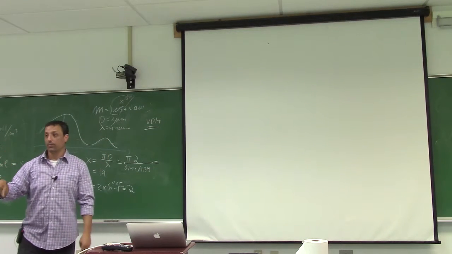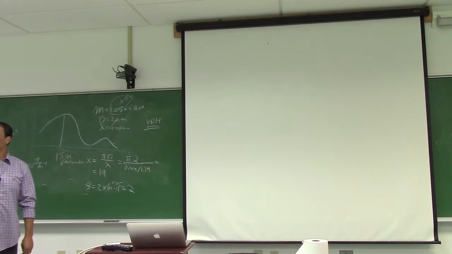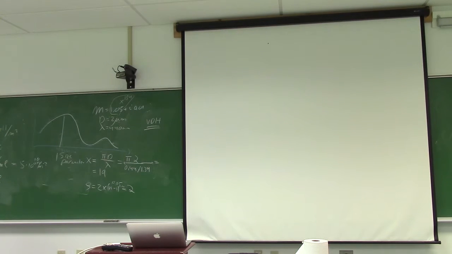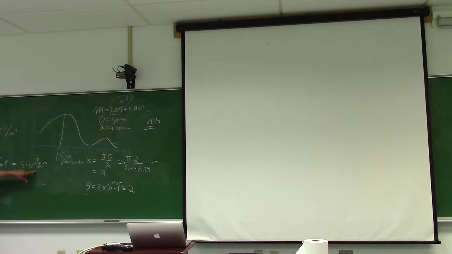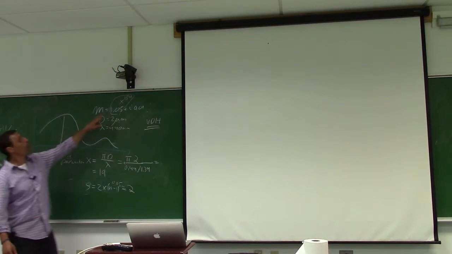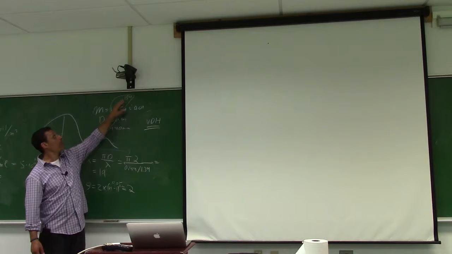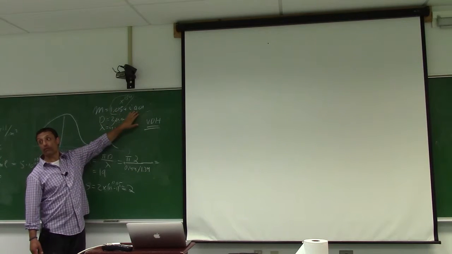Anybody? What did you get? No, the number of particles we have is 5 times 10 to the 10th cells per meter cubed. No, I'm just talking about the M of the particle. The M of the particle is 1.05 times 1.34, and that's 0.01 for n prime.